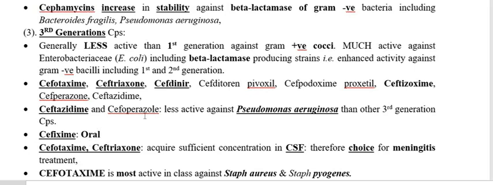So first we have to discuss what drugs come under the third generation. Third generation cephalosporins are cefotaxime, ceftriaxone, cefdinir, then ceftizoxime, then cefixime. So cefixime, cefotaxime, ceftriaxone and cefdinir, these four or five drugs are very usable not only for veterinary purposes but also for human purposes.